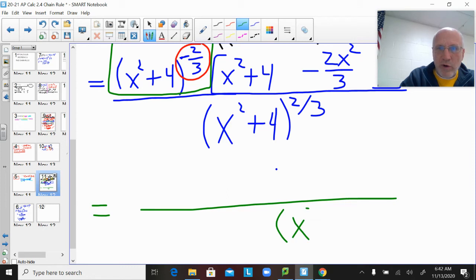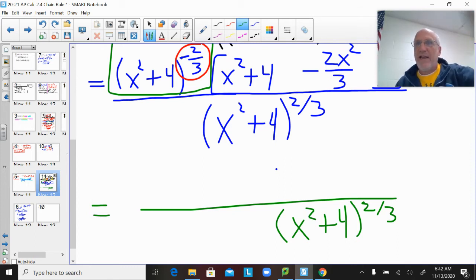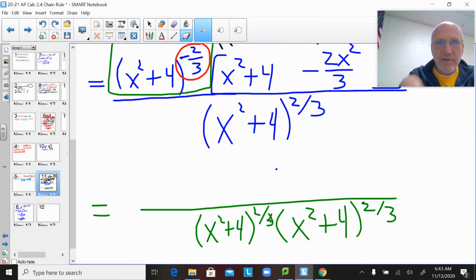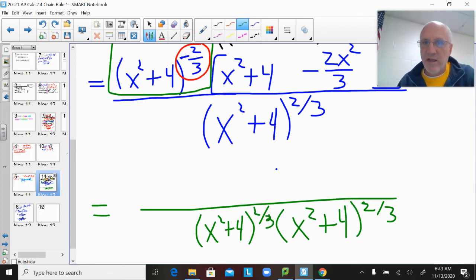I had what already was my x squared plus 4 to the 2/3. That was my denominator. And this green thing up top here that was x squared plus 4 to the negative 2/3 can come down here as x squared plus 4 also to the 2/3. And yes, for the next step, I am going to add those exponents.